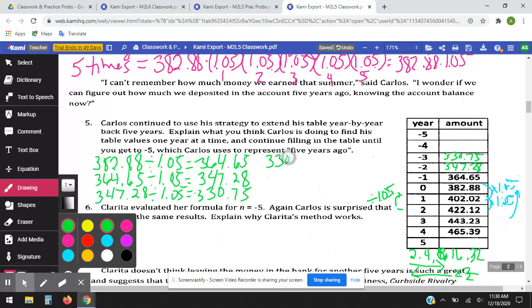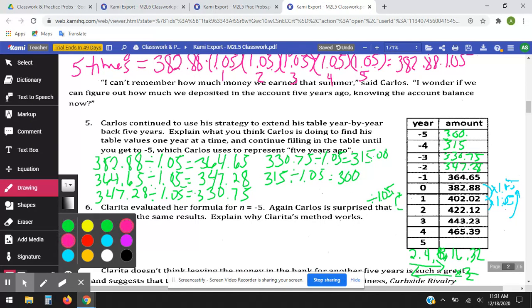Keep going. 330.75 divided by 1.05 then gets me 315 even. Just going to put a 315 in there. 315 divided by 1.05 is essentially 299.999, so we're going to round that up to 300. Basically, 5 years ago, they started with $300.